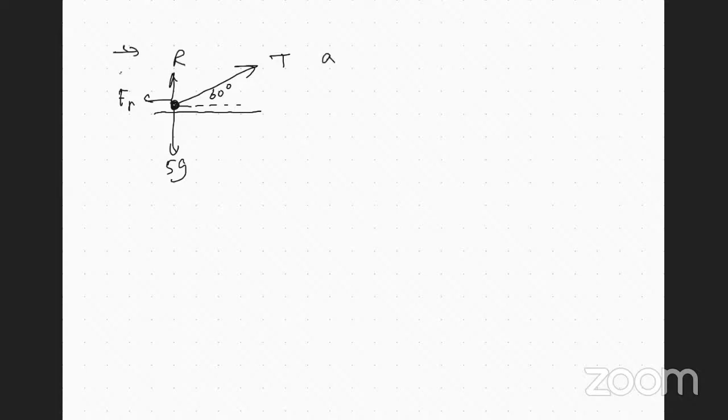Acceleration was 1/3 g. We had to find F, right? We move from there now. Find F. What was mu again? What was mu?